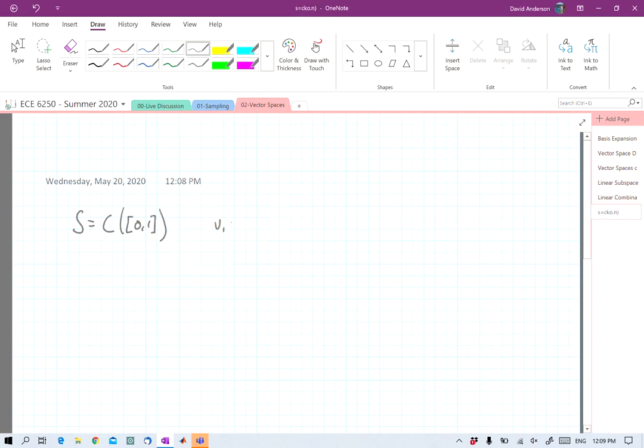We define it as continuous signals over the interval 0, 1. V1 is equal to cosine 2 pi t, and this is a function of t. V2 is equal to sine 2 pi t, and V3 is equal to 2 cosine (2 pi t plus pi over 3).